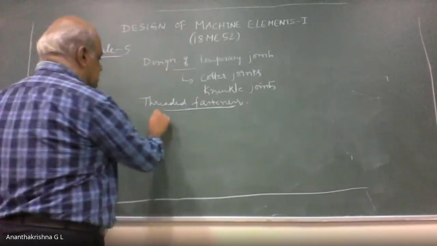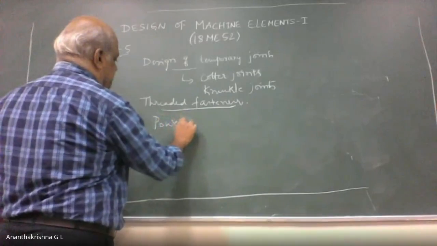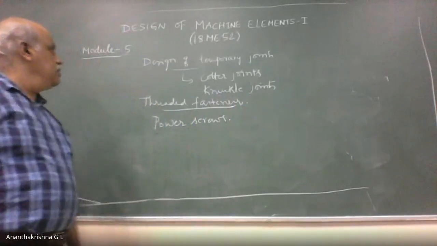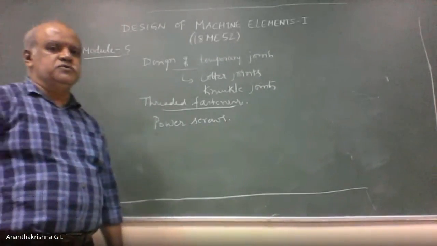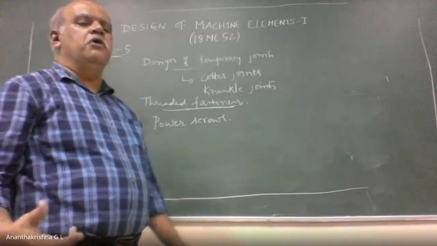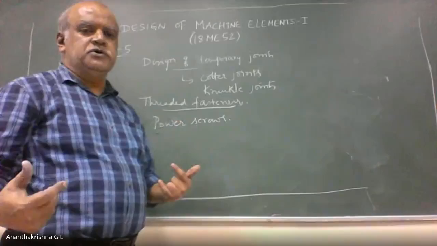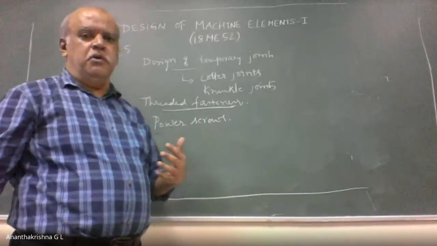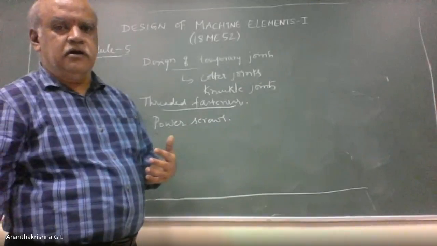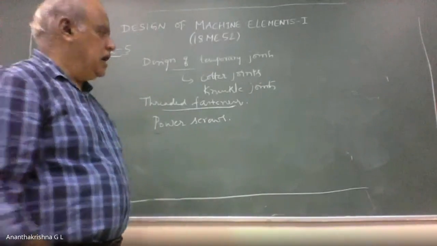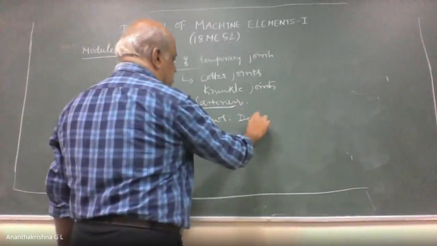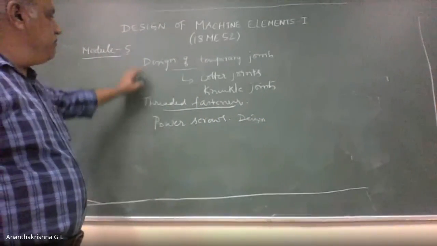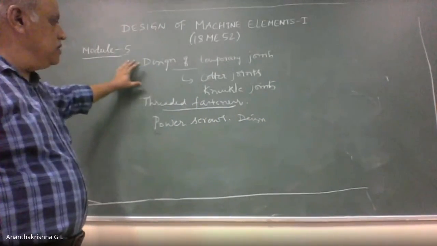And the third part in module 5 is power screws, wherein we are going to learn about mechanics of power screw, then stresses in power screws, and also about the self-locking of power screws, and we learn about design of power screws. Okay, so these are all the three different topics that we are going to learn in module 5.